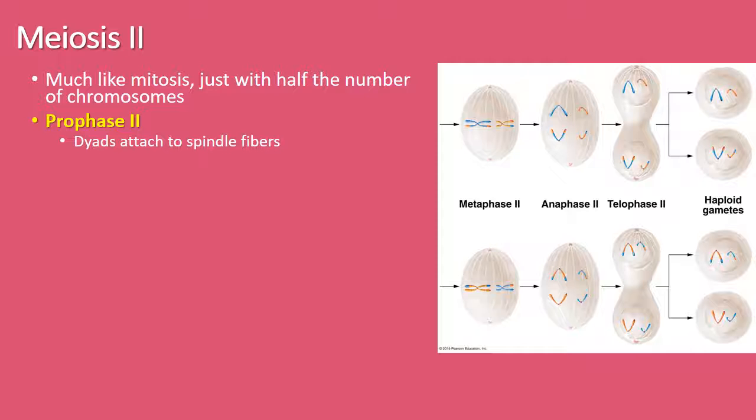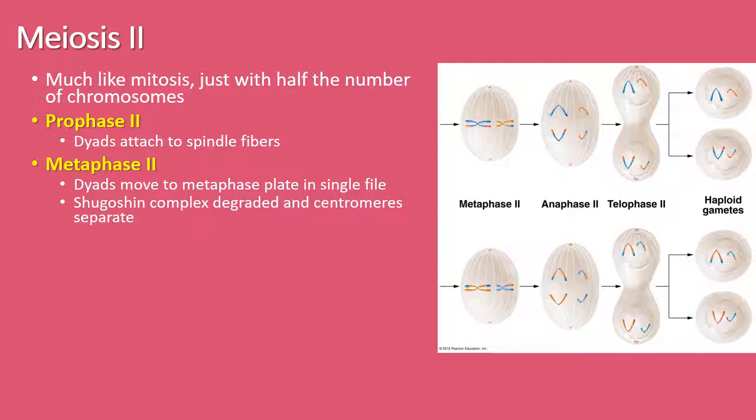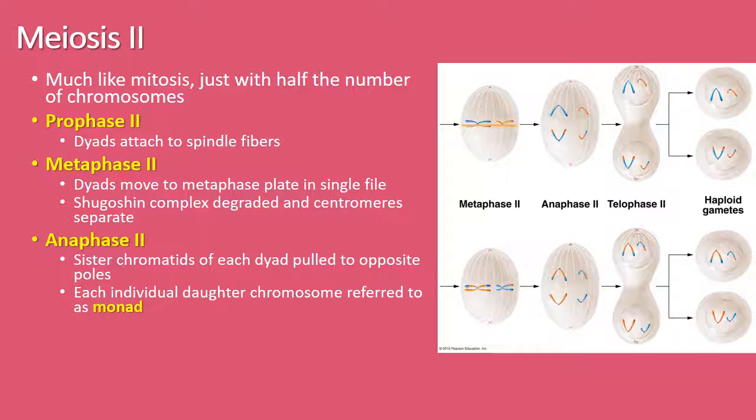So during prophase 2, you have the chromosomes being attached to spindle fibers. During metaphase 2, those chromosomes are then moved to the center of the cell, that equatorial plate in the center of the cell. The Shugoshin complex is degraded so that the 2 sister chromatids can separate.